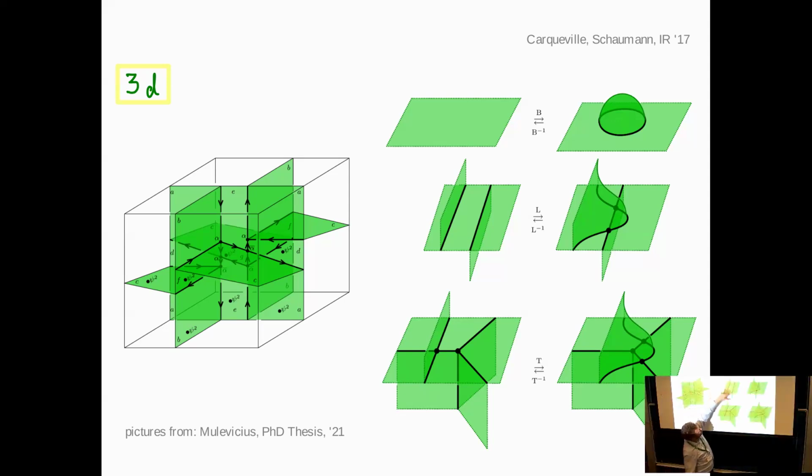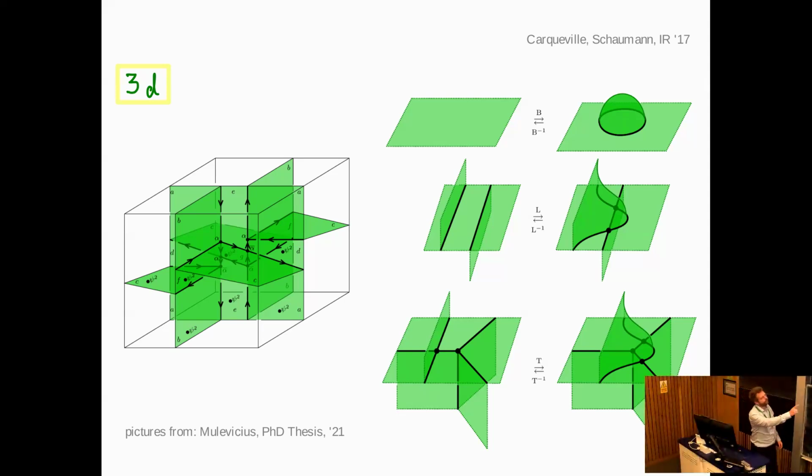There are 3 moves and their inverses which guarantee this for you. One is a bubble move, which allows you to insert a little bubble. One is the lune move or L move, which allows you to move a line across another line. And then there's this T move, which allows you to, again, move a line across such a vertex here. If you can guarantee that your construction is invariant under these 3 moves and their inverses, then it will be invariant under which foam you put, provided it's fine enough so that all cells are contractible.